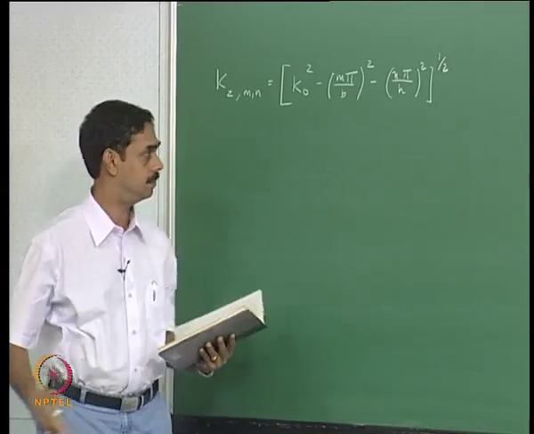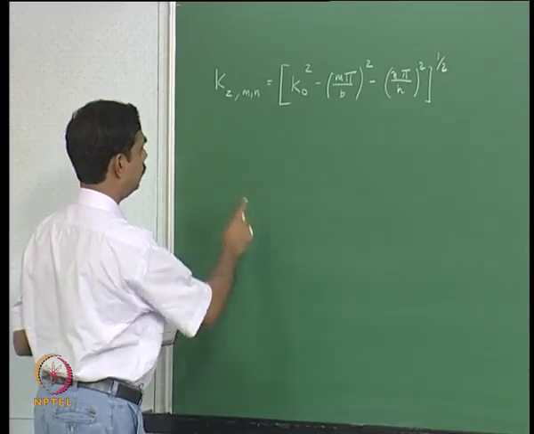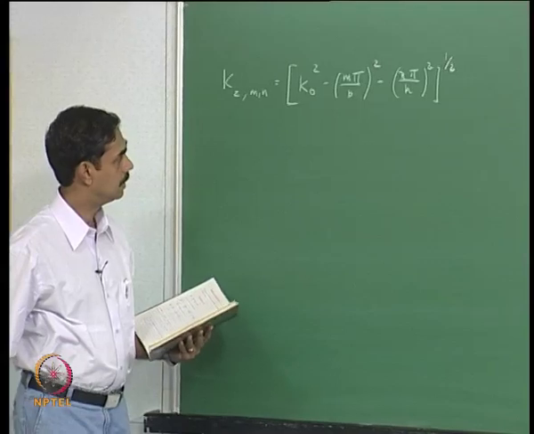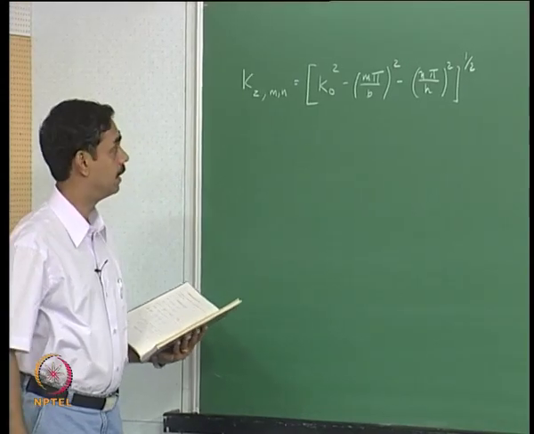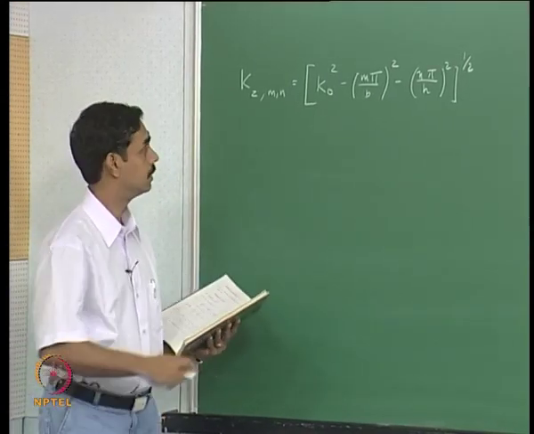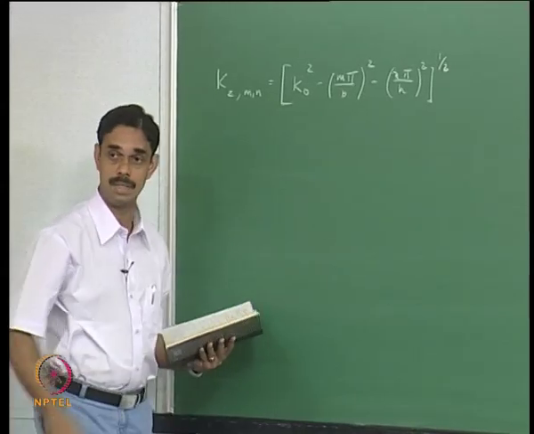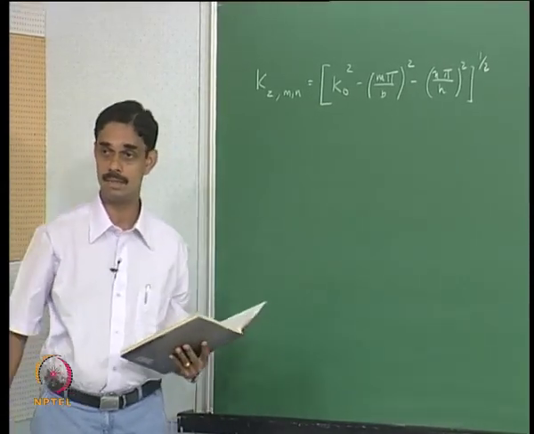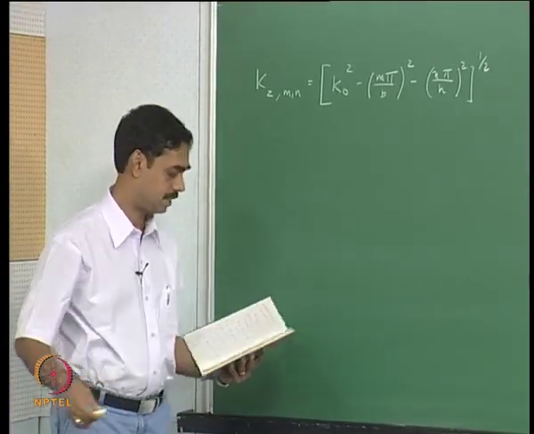So in that case, you will get a real solution only when k0 squared is greater than these two quantities. If not, you will get an imaginary solution, and then we will examine what is the consequence of that.